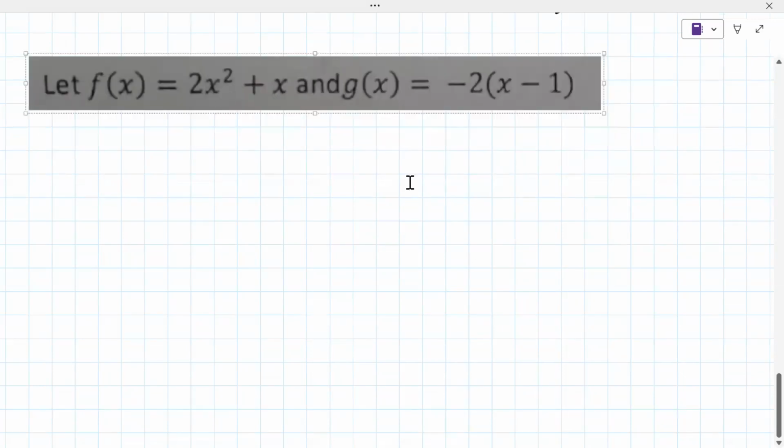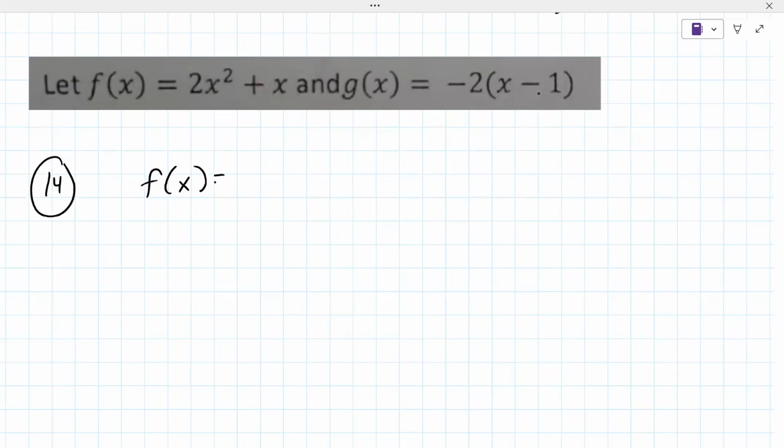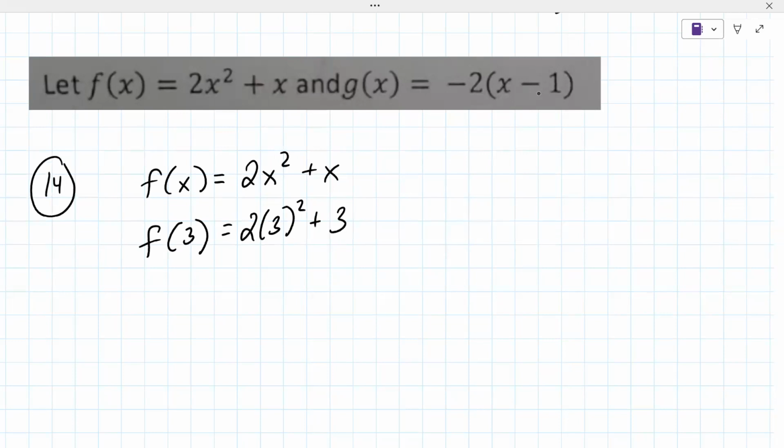So we got two functions here, and number 14 says to determine f of 3. So you have to start with the given function, and that means you're going to put 3 in for x. 2 times 3 squared plus 3.